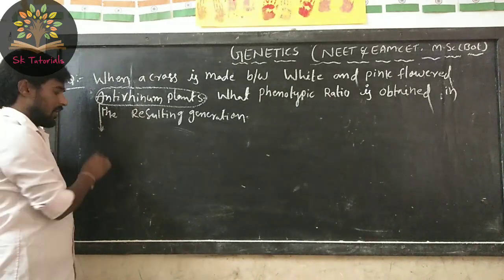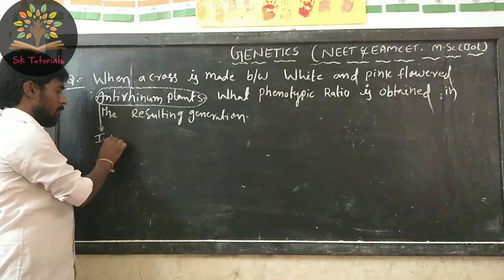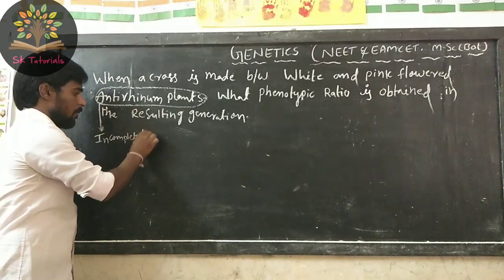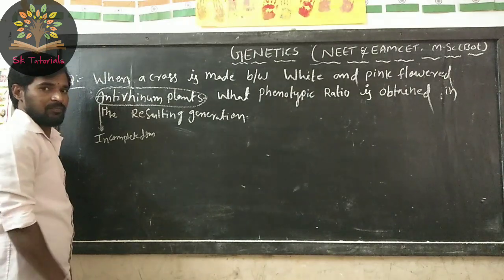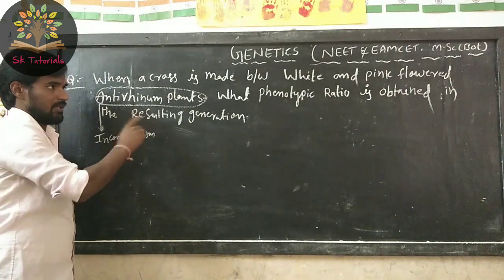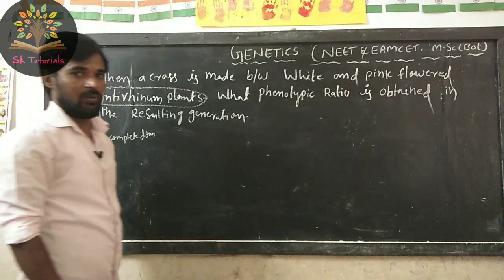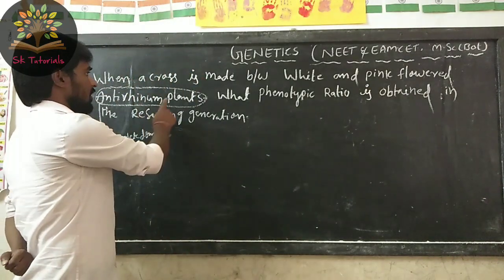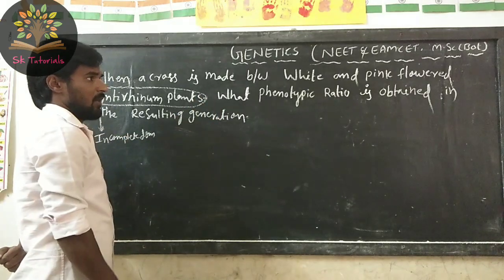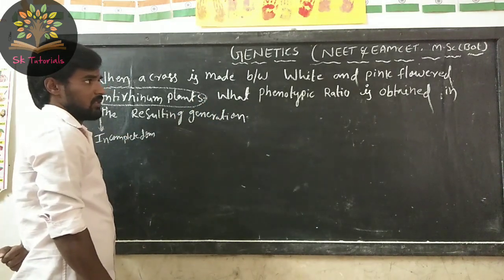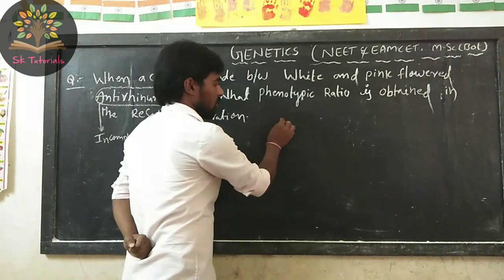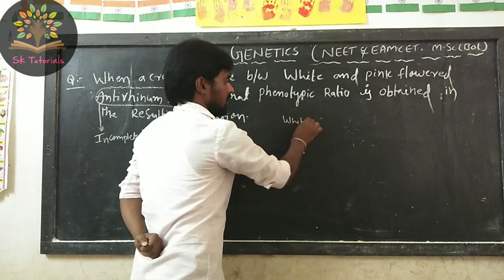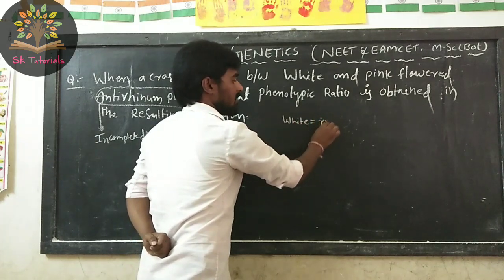This is the best example for incomplete dominance. So that is why this question also belongs to incomplete dominance. See what he is asking in the question: when a cross is made between white and pink flowered antirrhinum plants. White. So what is the white symbol? Small r.